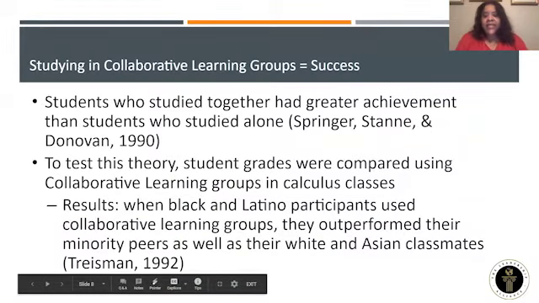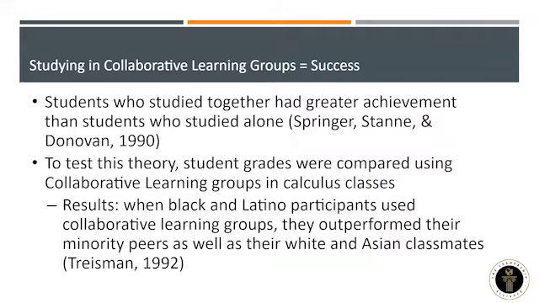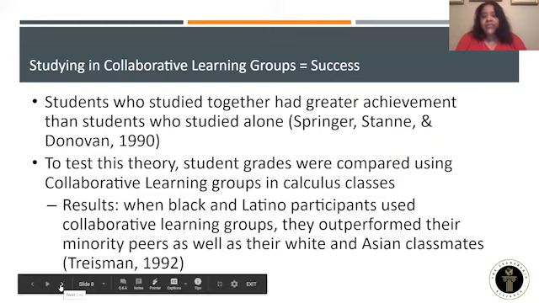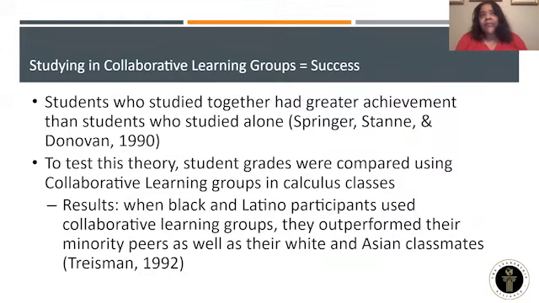So there was a study that was done some years ago by Dr. Yuri Treisman, who had this theory that students who work together actually became more successful. So in this particular theory, it was a calculus class at the University of Texas in Austin and also at UC Berkeley from an emerging scholars program where they looked at Black and Latino students who worked in these collaborative learning groups.